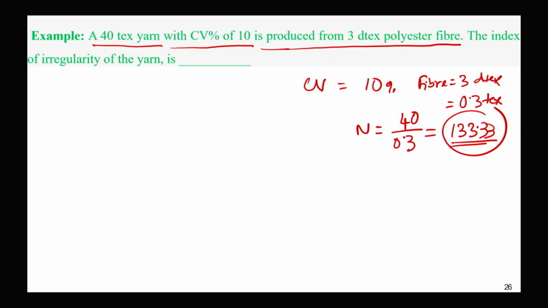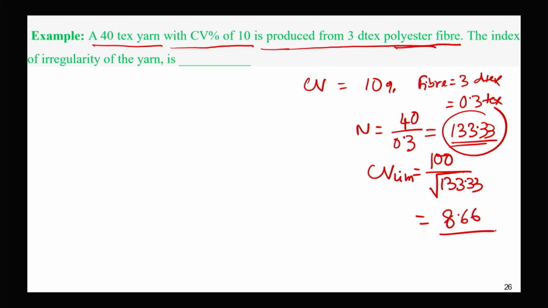Now the CV limit we can calculate using the formula for man-made fiber, 100 by root 133.33, so it will become 8.66.